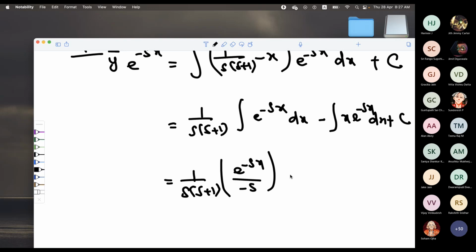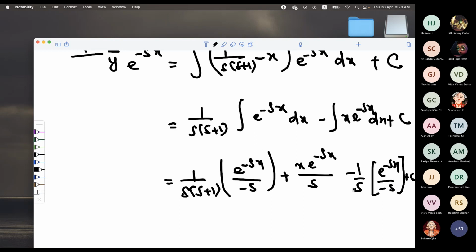And for the remaining part you may apply Bernoulli's formula. If you apply Bernoulli's formula separately, the resultant will be e power minus sx by s plus the integral constant c.